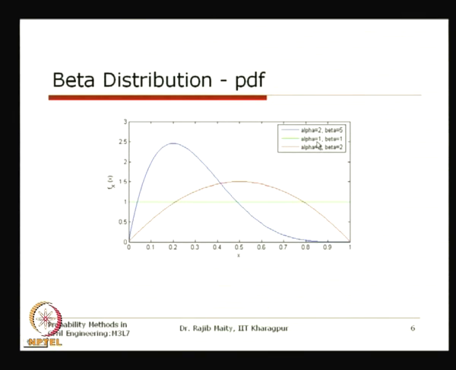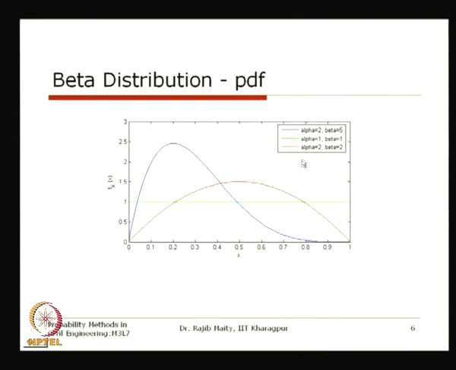Now, if we keep both the parameters the same, for example, alpha equals 2 and beta equals 2, then you can see that this distribution looks like this, which is a symmetric distribution with its mean at 0.5. Mean, mode, obviously, as it is symmetric, its mean, mode and median coincide at 0.5.